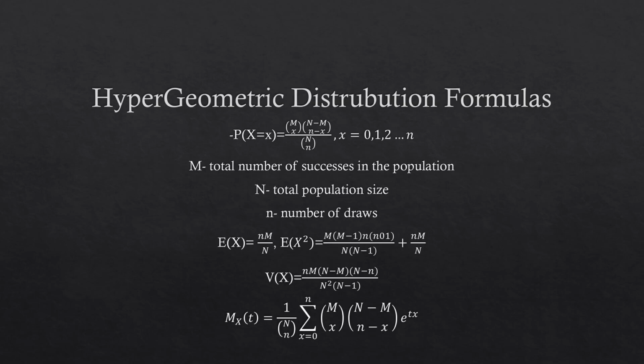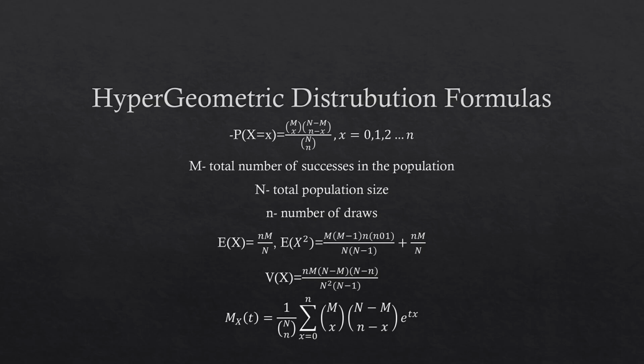So the probability function for this one is M choose x, which means that you're taking your total number of successes possible in the population, and you're choosing the number of successes that you want, and you're going to multiply it by the total population size minus the total number of successes that can happen, choose the remainder, which is the number of draws minus the number of successes that we already took.